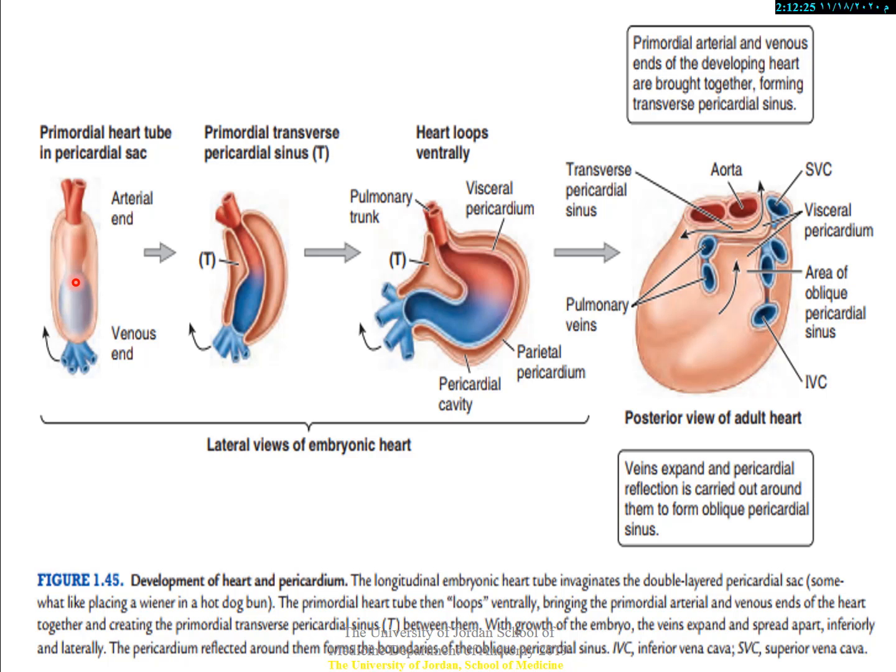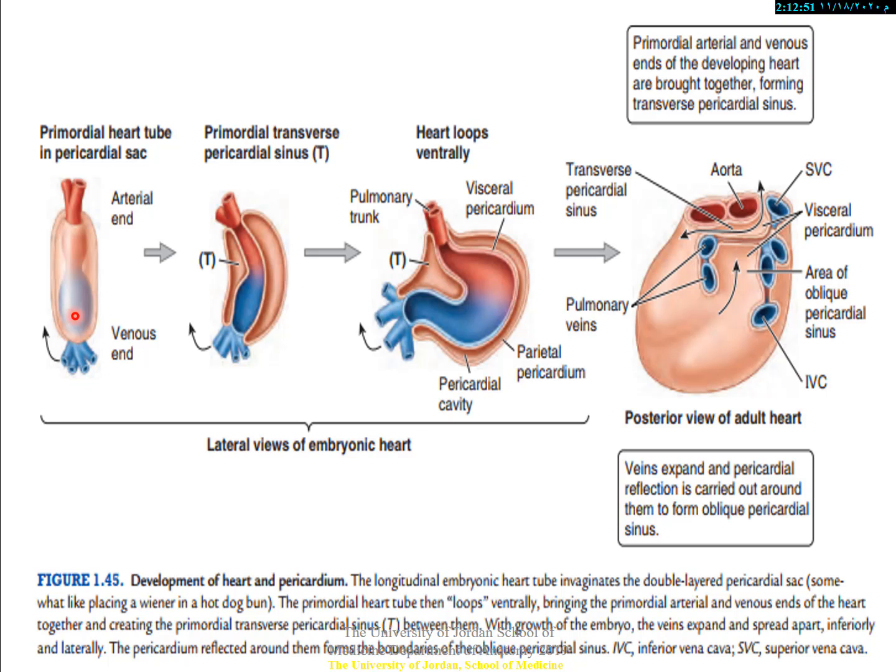I will tell you later on that the heart was like a tube with two ends, the arterial end superiorly, fixed to the aorta and continuous with it, and the inferior venous end attached to the lower parts. We would talk about this later on.